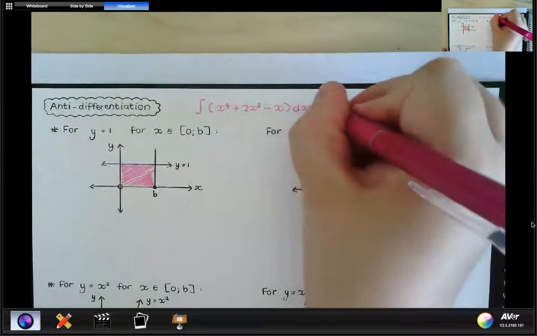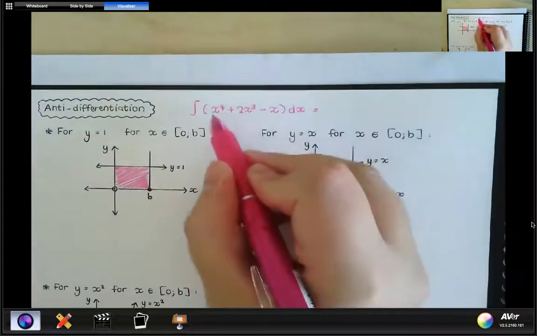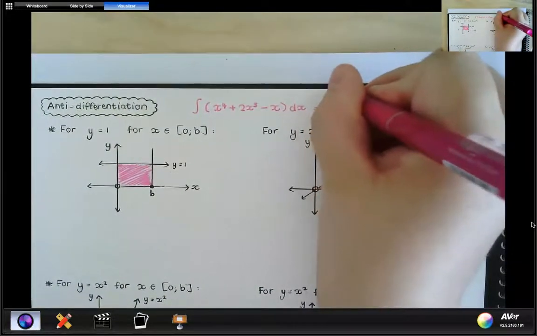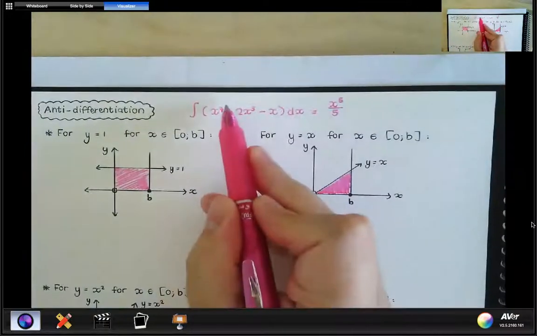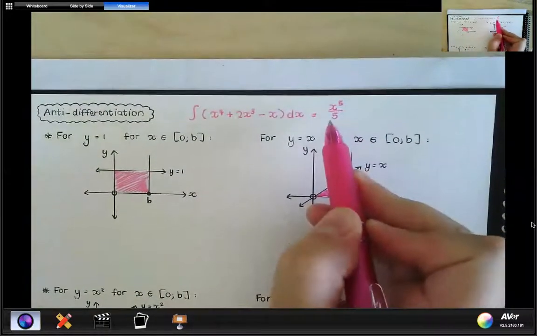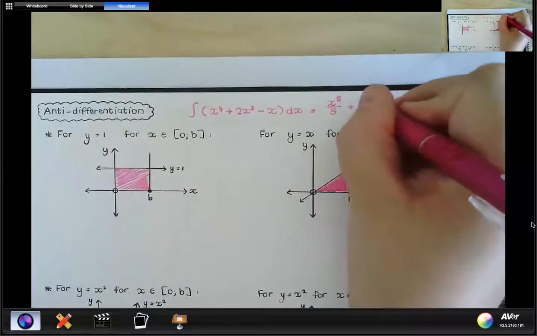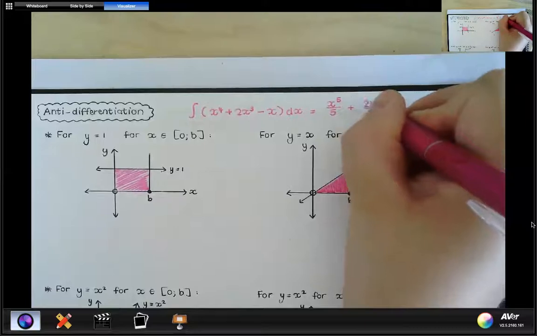What we did in this case is we would take each term separately, and we would say that if we have x to the 4, the integral of that is going to be x to the 5 over 5. So we add 1 to the exponent and then we divide by that exponent. Then we're going to say plus 2x to the 4 over 4, right?